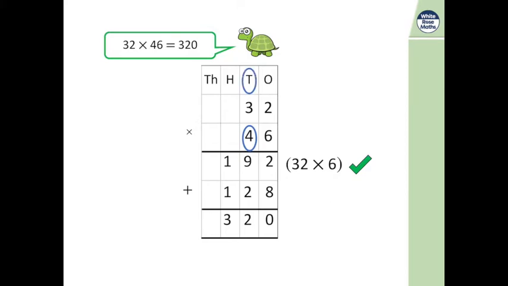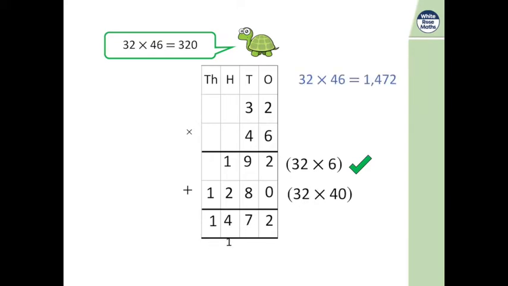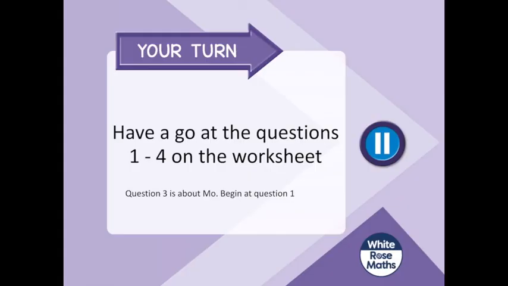So what didn't he put down? Of course, he didn't place the 0. So crucial, because you will get the wrong answer if you don't place that 0 down where it needs to be. So our answer is actually 1472.